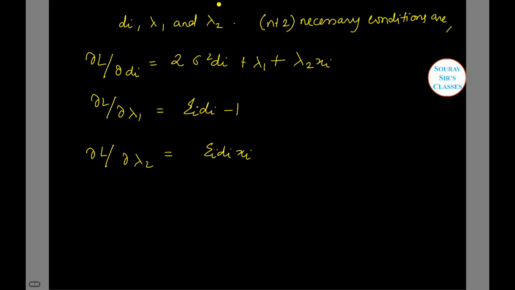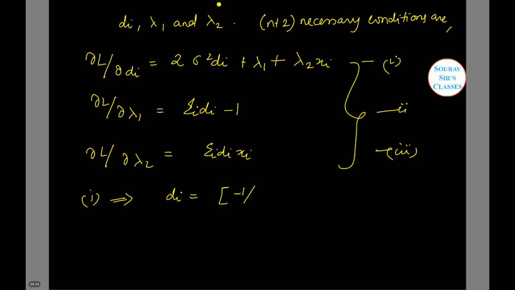So I'll equate all these three equations to 0. If this is equation 1, this is 2 and this is 3, then 1 implies that di is equal to minus 1 by 2 sigma square into lambda 1 plus lambda 2 xi.